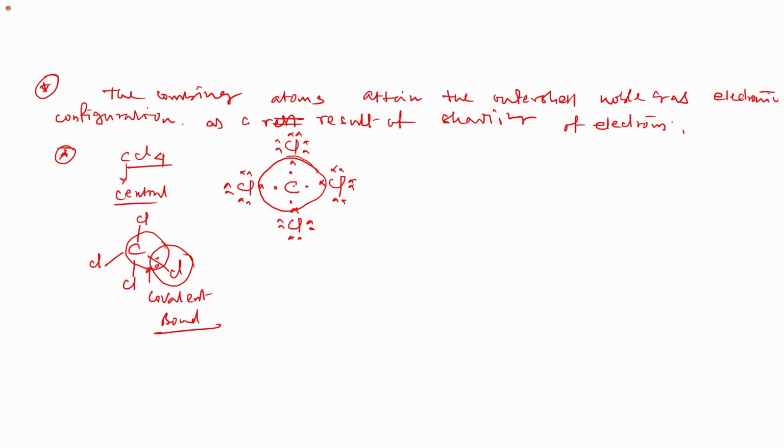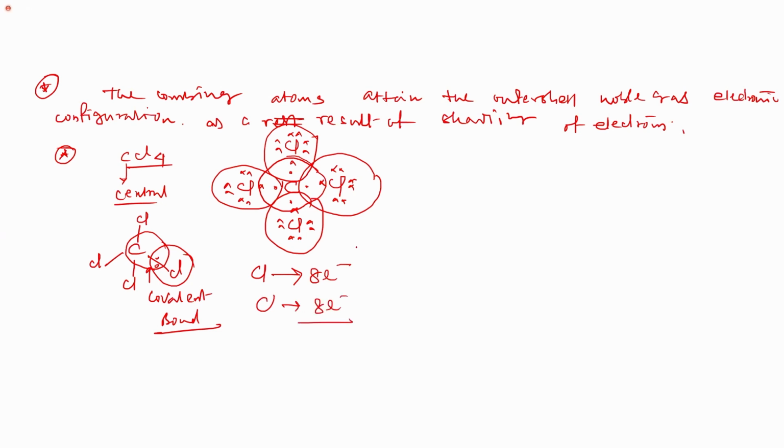Now the carbon is following the octet rule, and also the noble gas electron configuration. Similarly, these bonded electrons are shared by this Cl atom, these by this other Cl atom, and so on. If you see, every Cl also has 8 electrons in the valence shell, and carbon also has 8 electrons in the valence shell. So they actually follow the octet rule. That's why every Cl bond is a covalent bond.